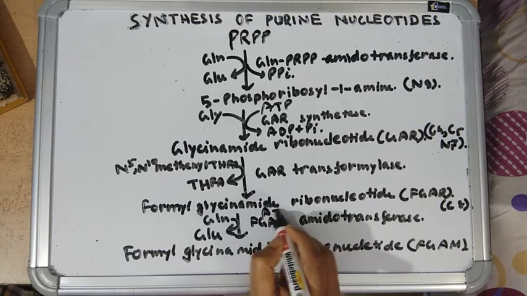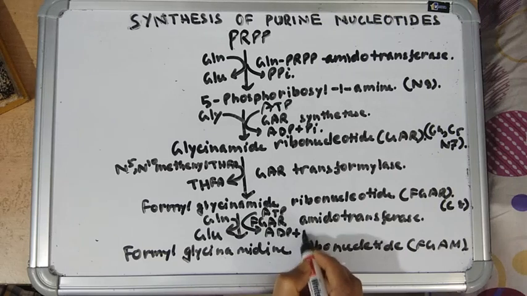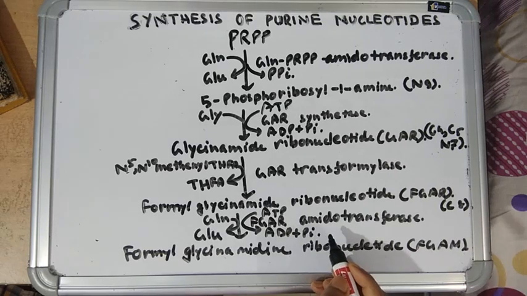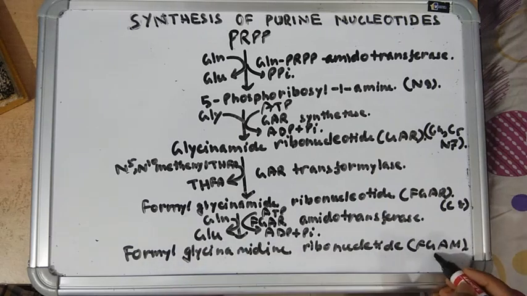ATP is required. In this step glutamine provides the N3 of the purine ring.